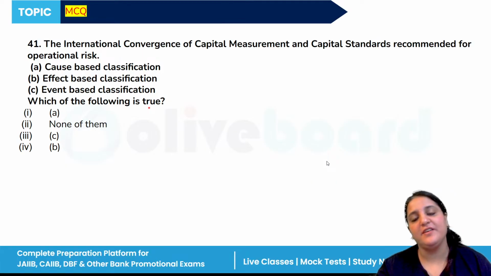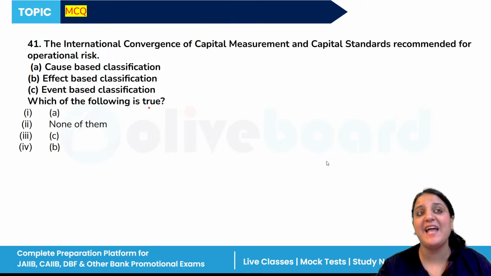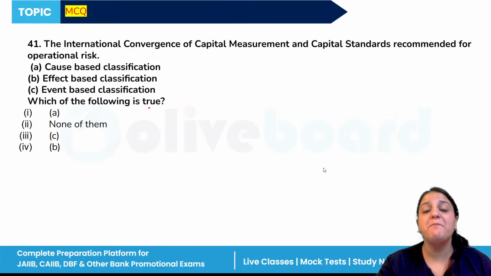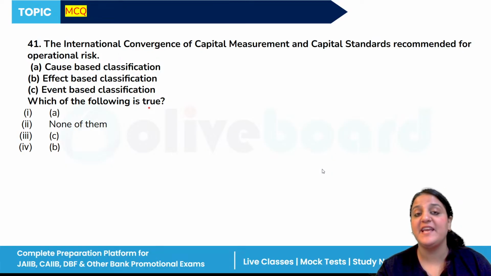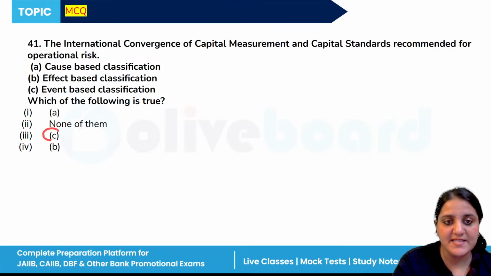Why? Because in this we can include internal fraud, external fraud, employment practices and workplace safety, clients, products and business practices, damage to physical assets, business disruption and system failure, execution, delivery and process management. So loss due to fraud is the internal fraud event category. So option C is correct here.